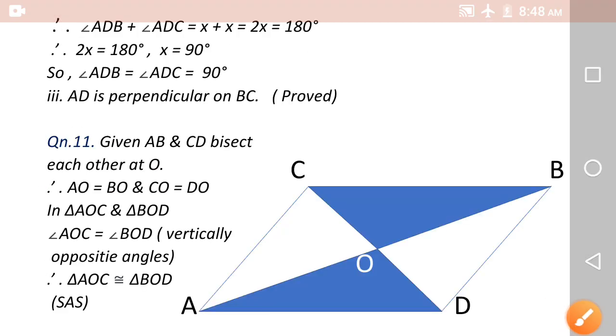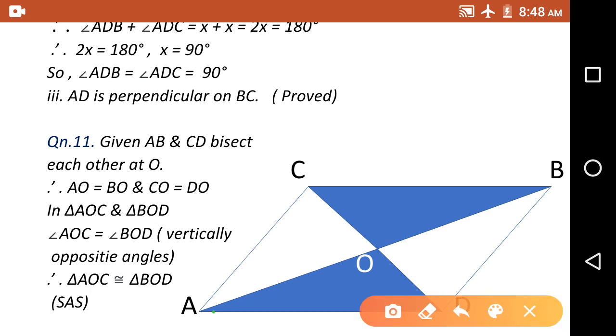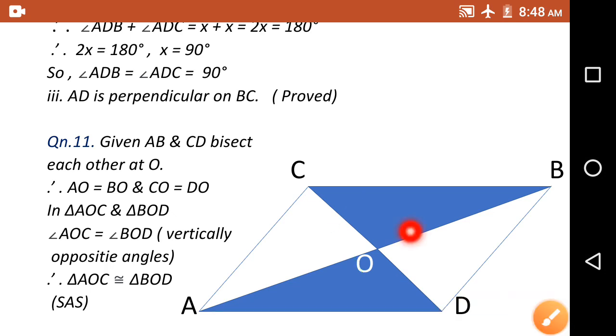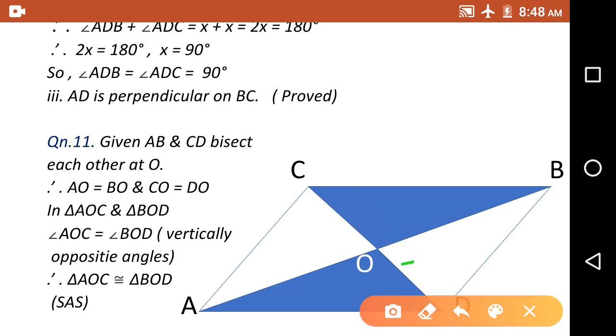See this angle ADC is equal to this angle BCD. If those two angles are equal, those are actually alternate angles.